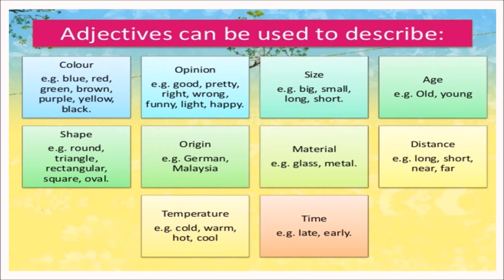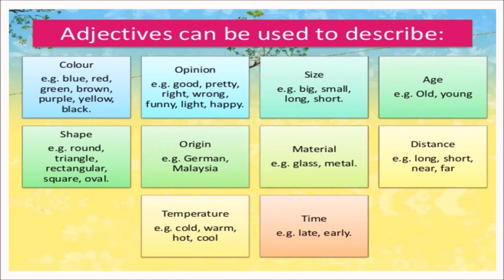Origin, for example, German, Malaysia. Material, for example, glass, metal. Distance, for example, long, short, near, far. Temperature, for example, cold, warm, hot, cool.